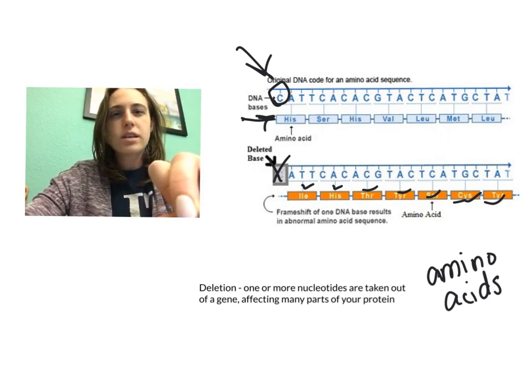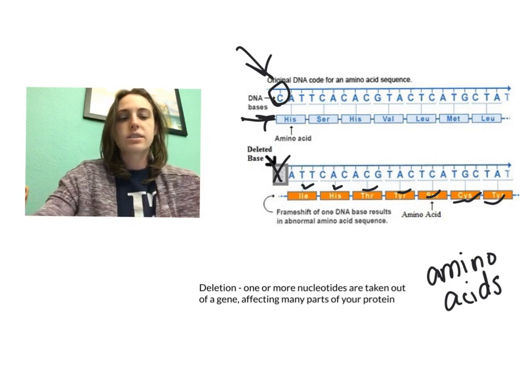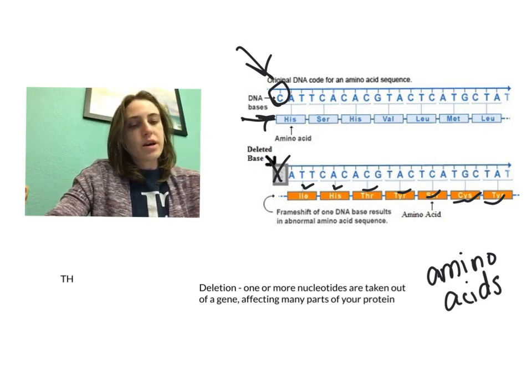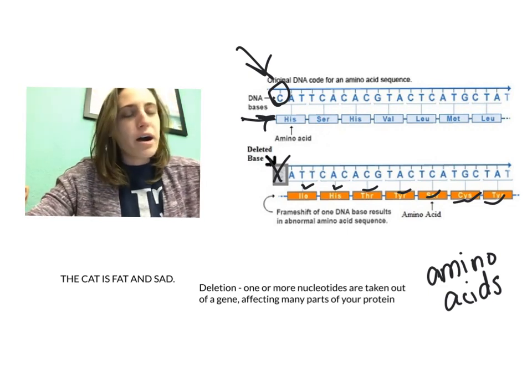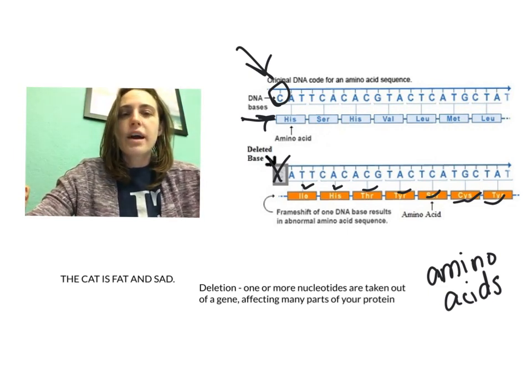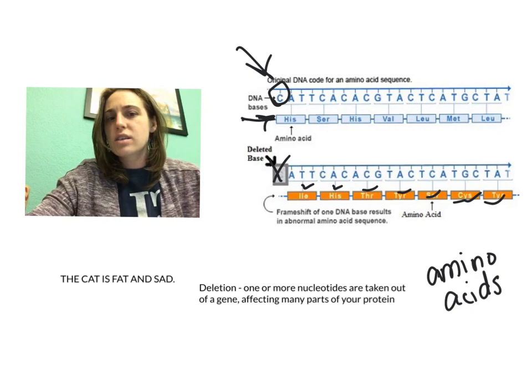So let's look at this in terms of a sentence. If we were to do this in a sentence, let's say the cat is fat and sad. Things are getting worse for our cat. Let's say that I do a deletion kind of where the C is. Let's try that.